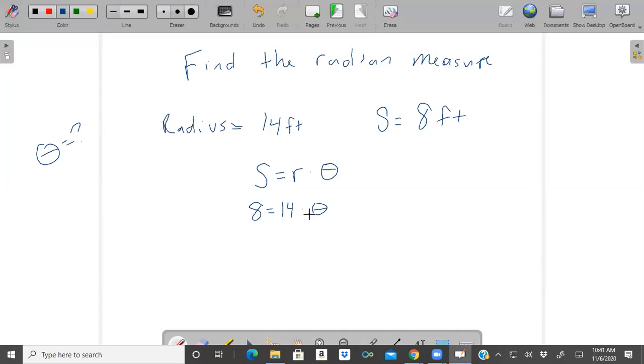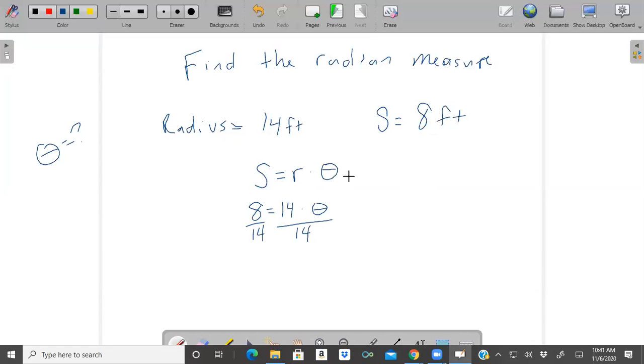So here I'm just going to divide by 14. And then I could use my calculator if I wanted to. But notice how there's no pi in here. There is no pi in here, which means that this answer cannot be exact, which means that you're allowed to estimate the radians here.